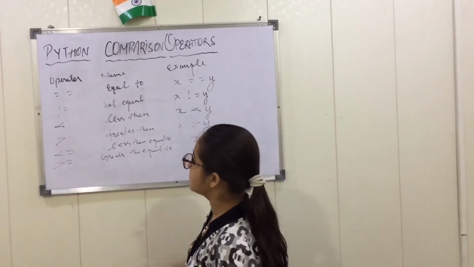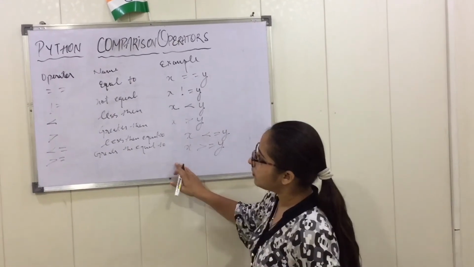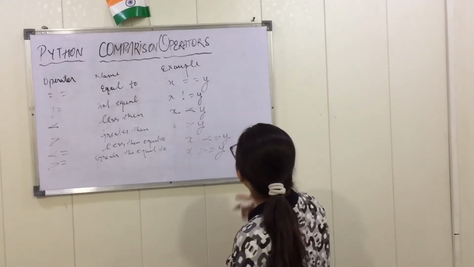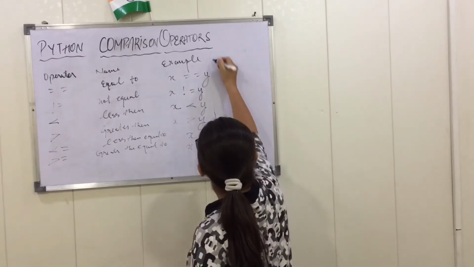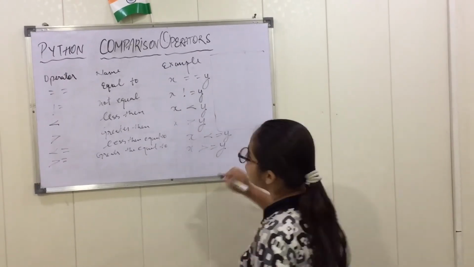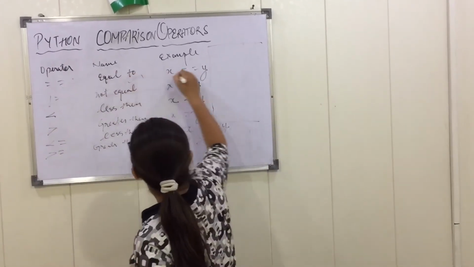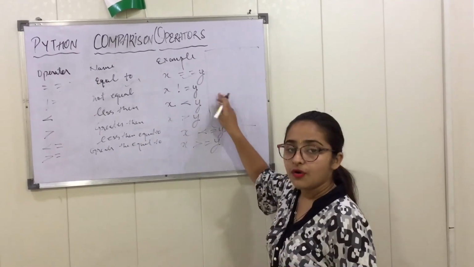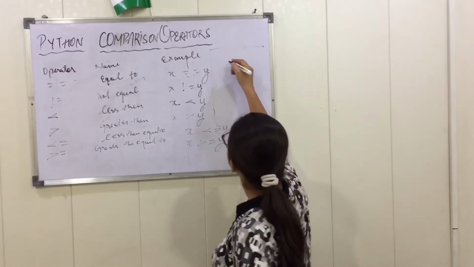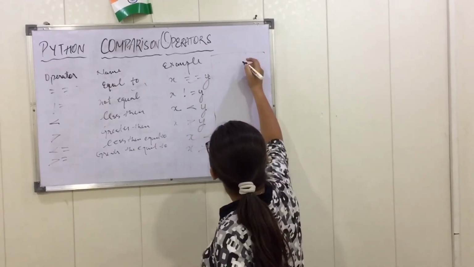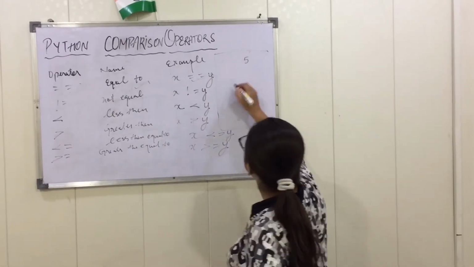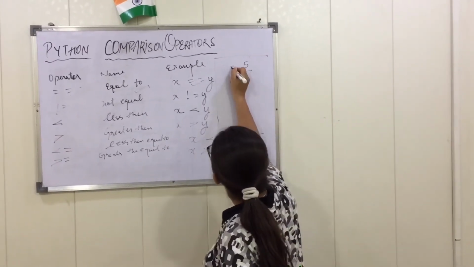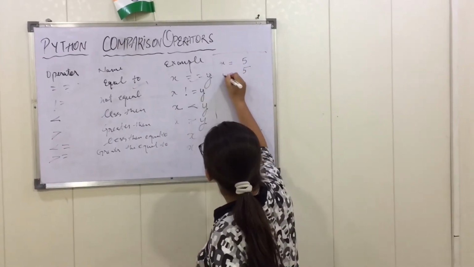Now we'll discuss an example of each operator. For our first operator, equal to, the value will be printed in only two forms, true or false. First we take the value 5, and the other value is also 5. The first variable is x and the second is y.